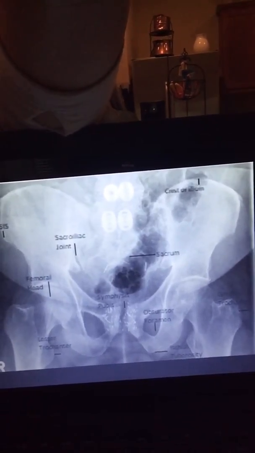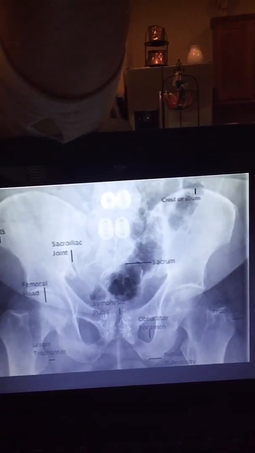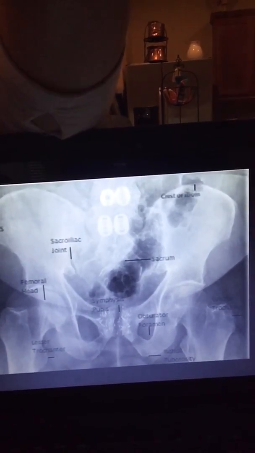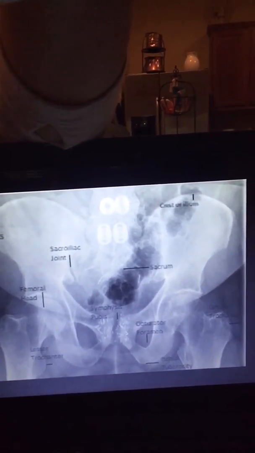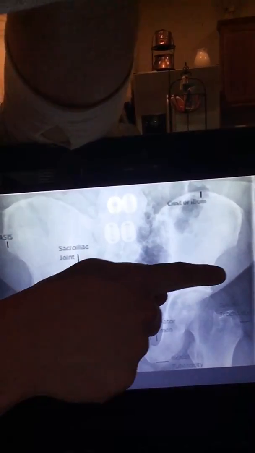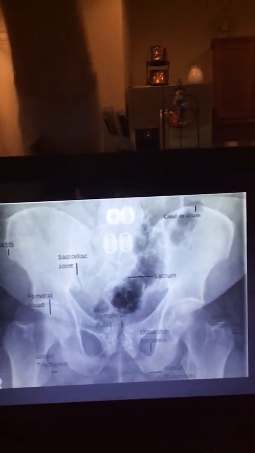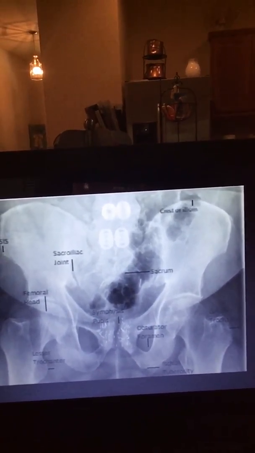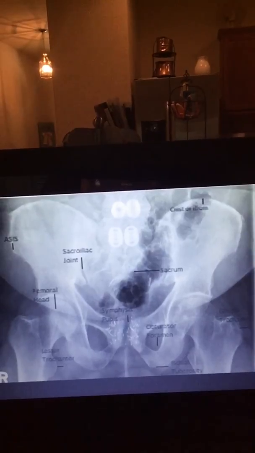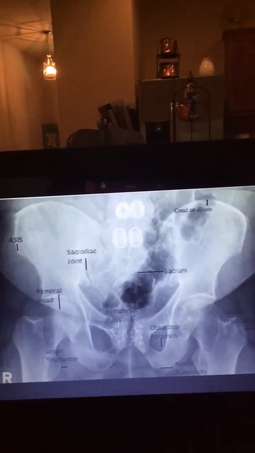You can also tell this has a lot of shades of gray, and it tells me that this is not a very good contrast, not a high contrast image. If you look, you can see the soft tissue markings of the patient, which tells me by looking at it that this is a rather large male. And so technical factors should have been adjusted for his size to produce a more optimal image.